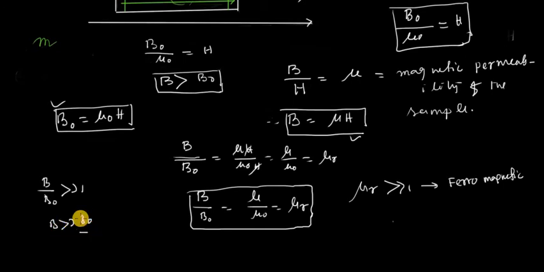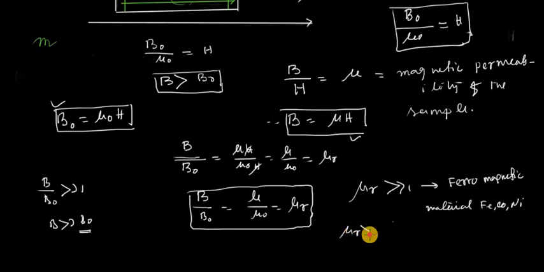That means the lines of force inside the sample are very much greater than the lines of force in air medium. This type of material is called ferromagnetic material, for example iron, cobalt, nickel.